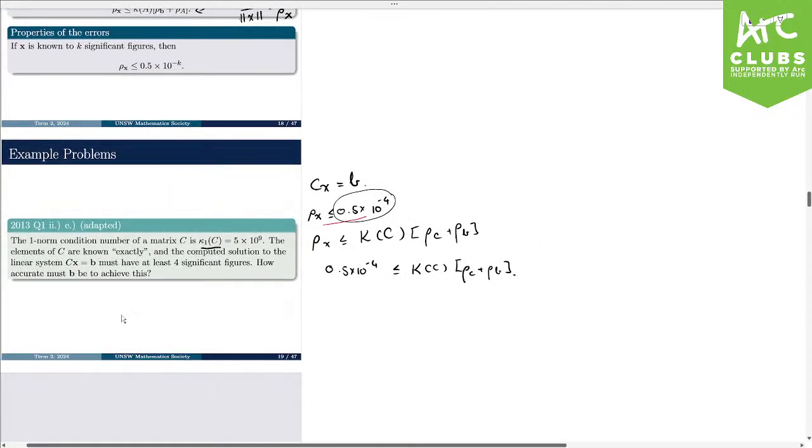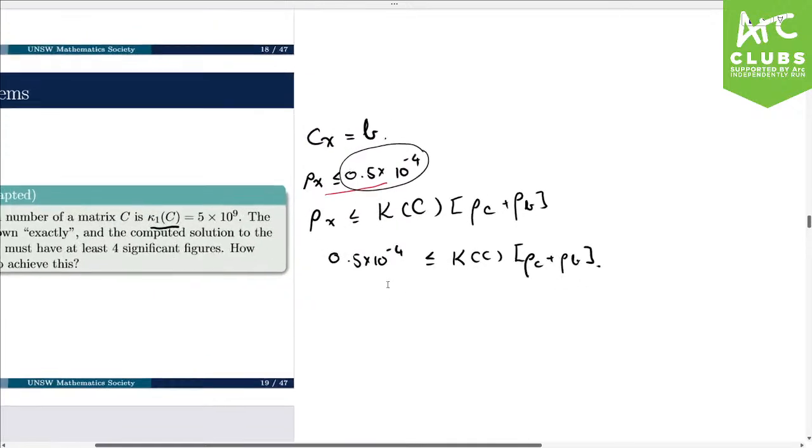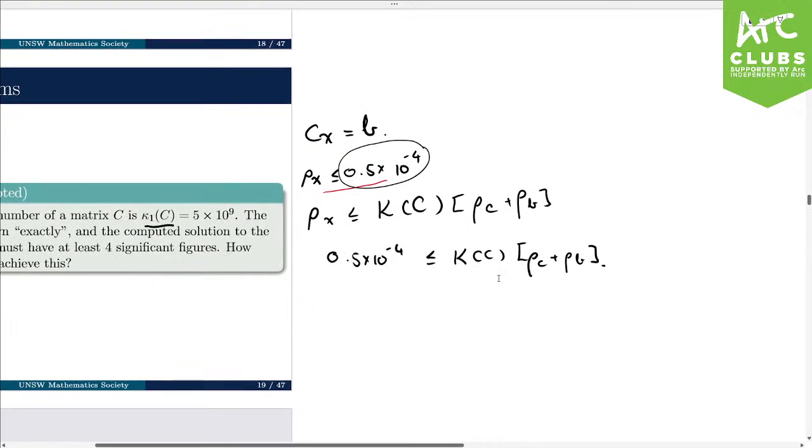So I think normally we assume we're working in 64-bit, so the relative error of C would be 10 to the minus 16. So then we sub in all the values and we get this. This is less than 5 times 10 to the 9 times that.